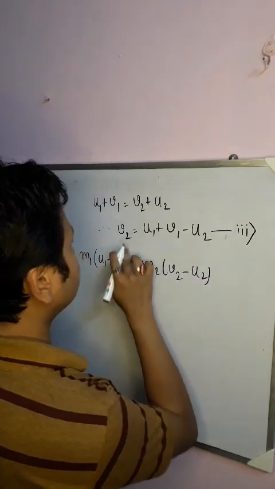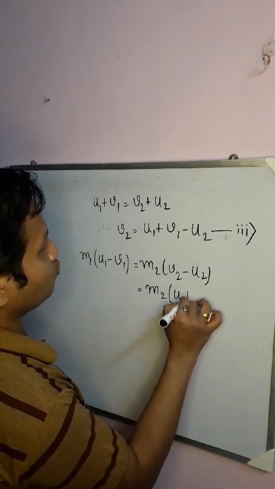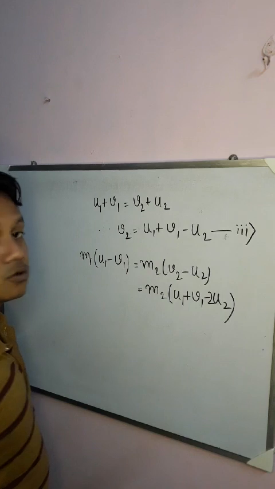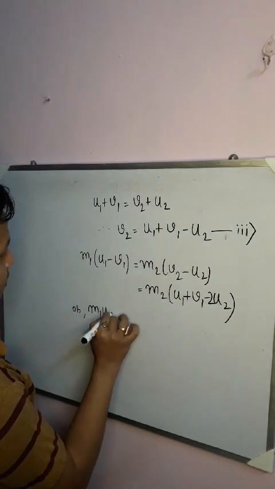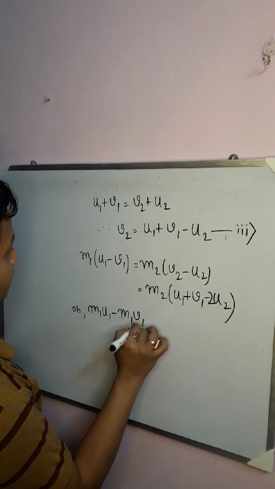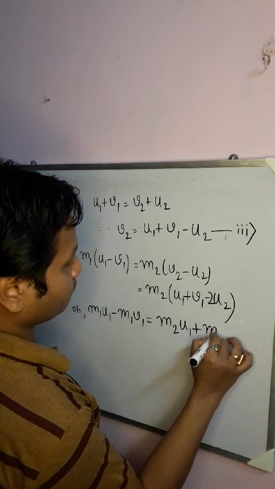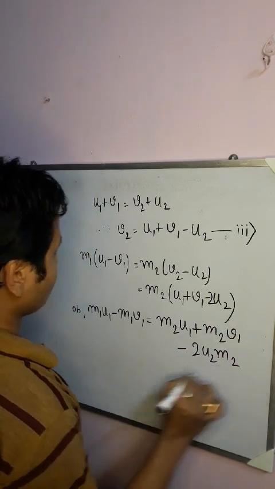Now if we substitute the value of v2 here, what do we get? u1 plus v1 minus u2, that means minus 2u2. So this is simply m1 v1 minus m1 u1 minus m1 v1, this is simply m2 u1 plus m2 v1 minus 2u2 m2. Okay.